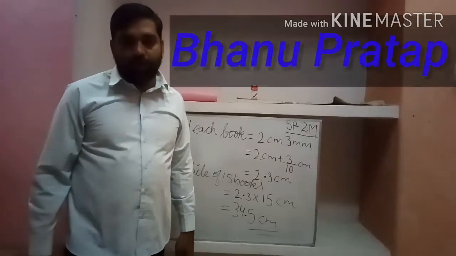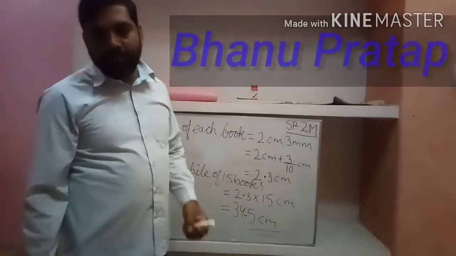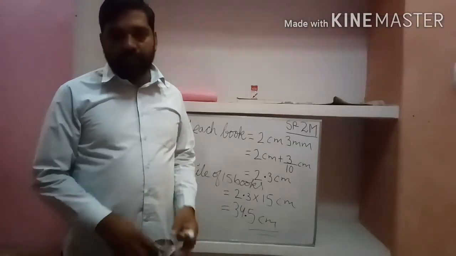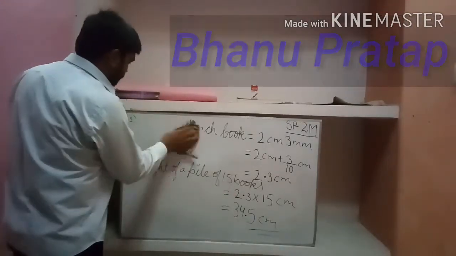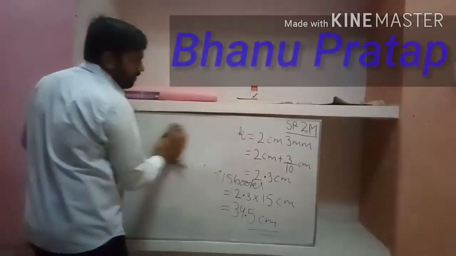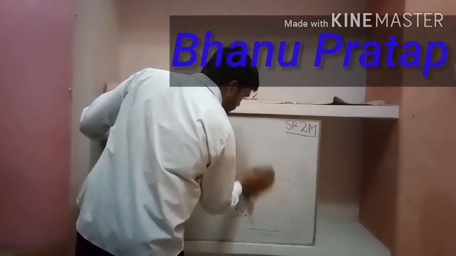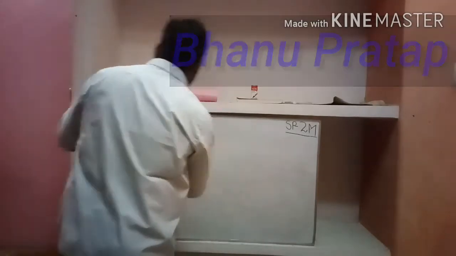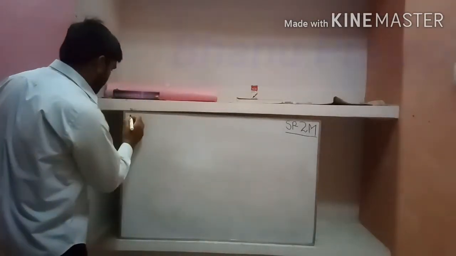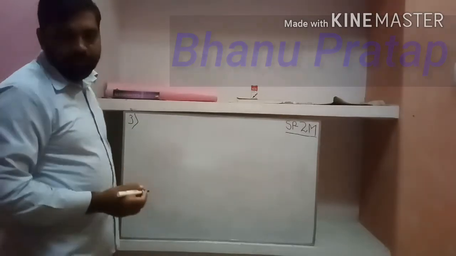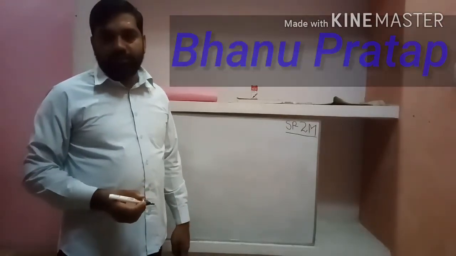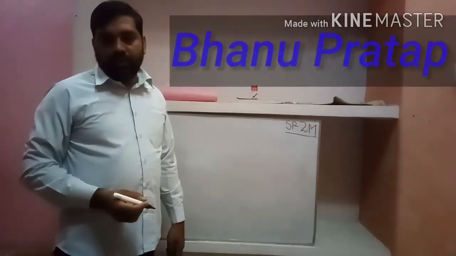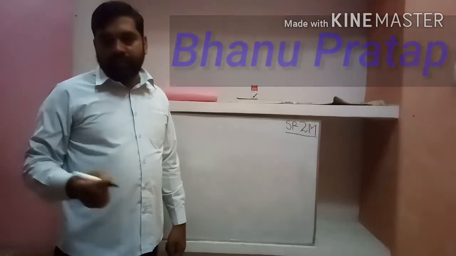So now see the third question. How many pieces of tape, each 6 centimeter long, can be cut from a length of 1 meter 5 centimeter, and how much remains? So see, question number 3 we will do. So here is the length of the tape.